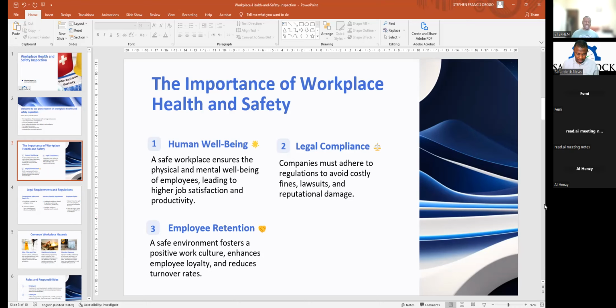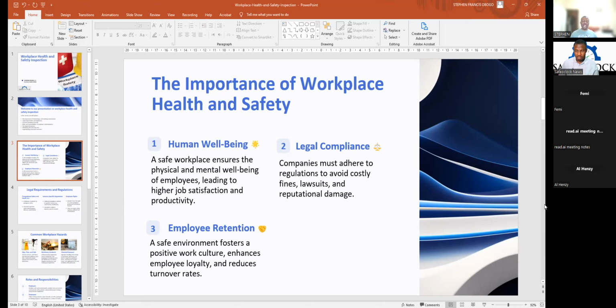So now, for point number 2, it is important because it's a legal requirement. Every organization must comply with legal requirements. Companies must adhere to regulations in order to avoid costly fines, lawsuits, or reputational damage.